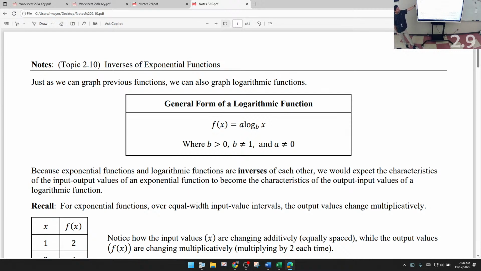B can never be 1. A can never be 0. Because if a is 0, the whole thing's 0. And if b is 1, you have 1 to any power, which is always 1. And b will never be negative either. That's why it says b has to be greater than 0. That base will never be negative, and that base will never be 1. Because if it is, it's no longer logarithmic, it's now linear.